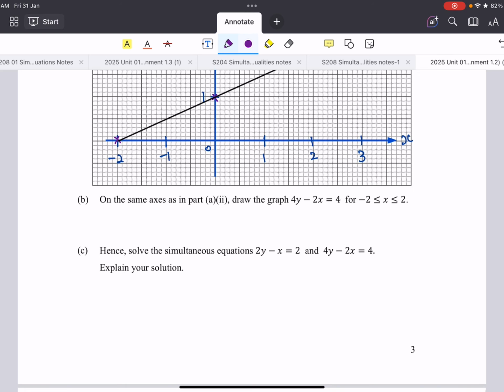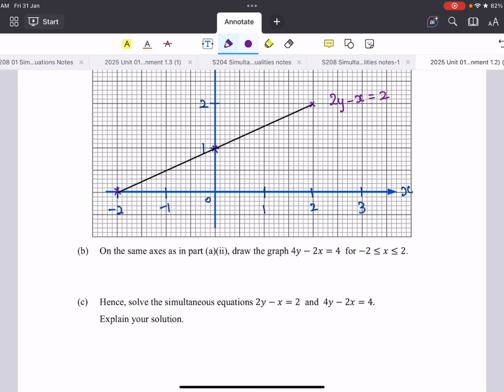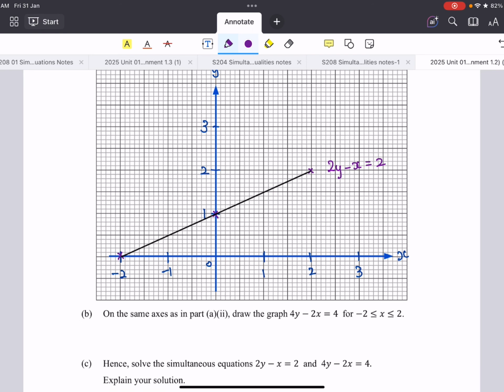So the next one, let's say on the same axis, draw the graph 4y minus 2x equals 4. What happened is, in this particular case, if you look at it carefully, let's choose a different color, right? This is actually 2y minus x equals 2, and it's actually the same line, right?